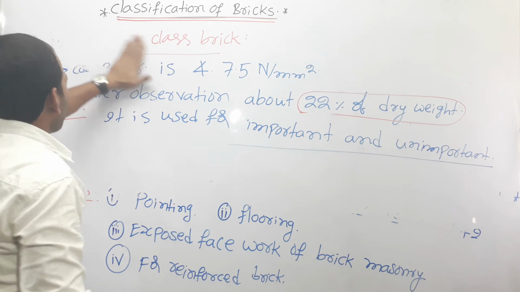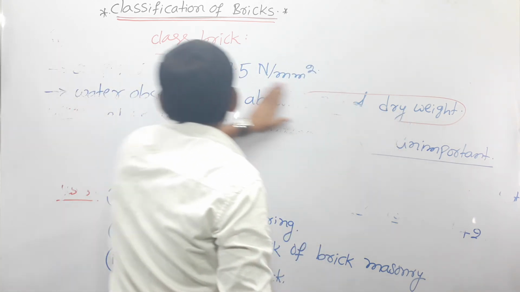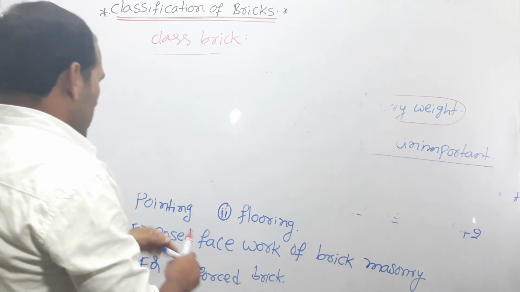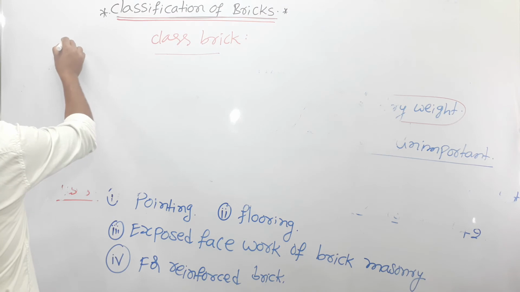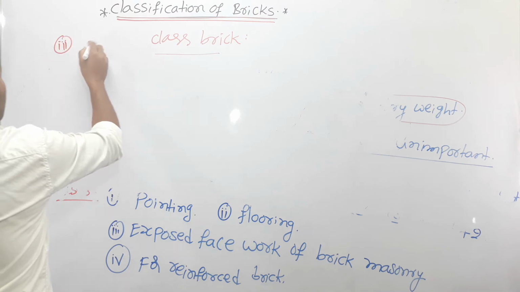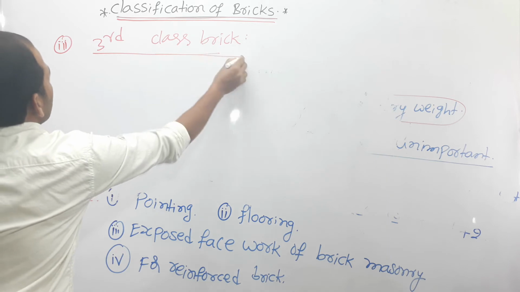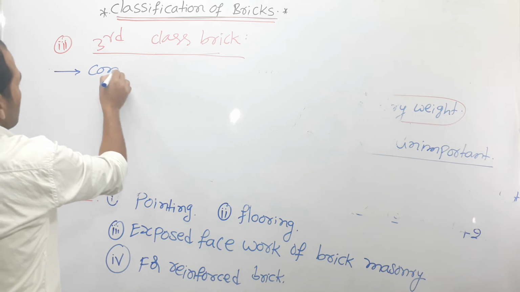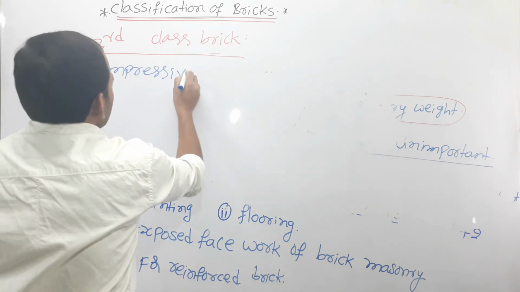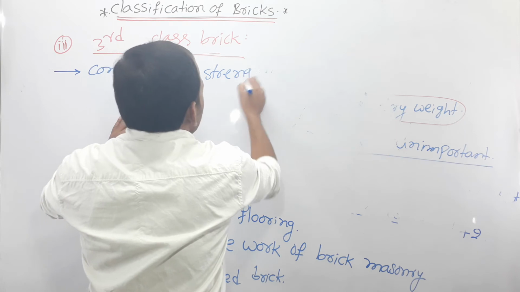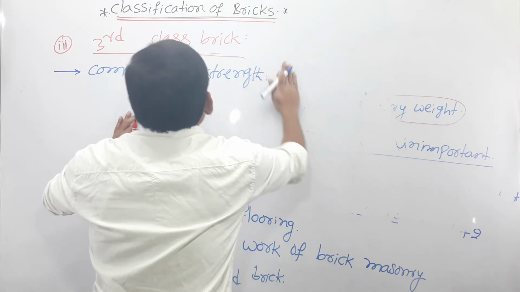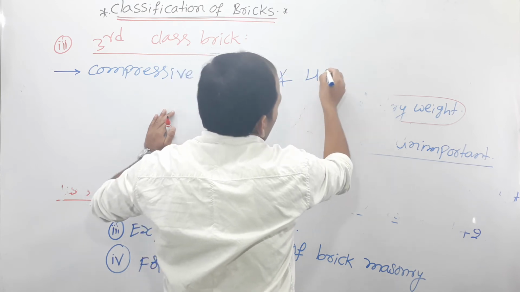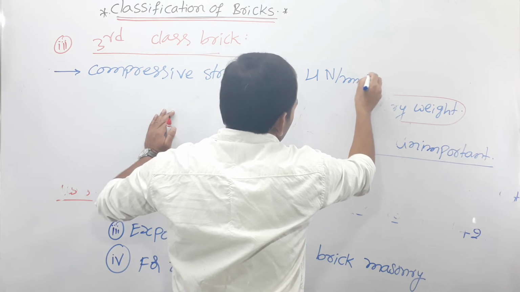What about the third class brick? For the third class brick, the compressive strength should not be less than 4 Newton per mm square, my dear.